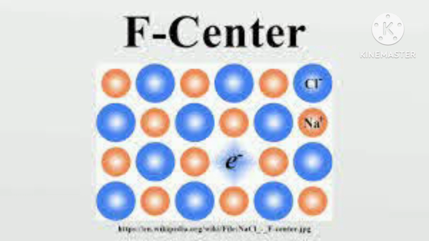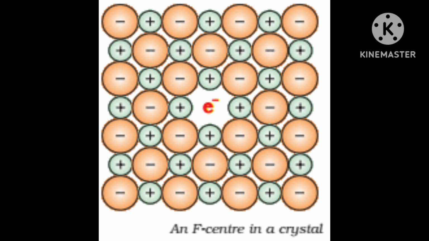I told you that it is very difficult to prepare the stoichiometric compounds, and generally it contains a less amount of metal as compared to the stoichiometric proportion. A typical example of this type is ferrous oxide, FeO.